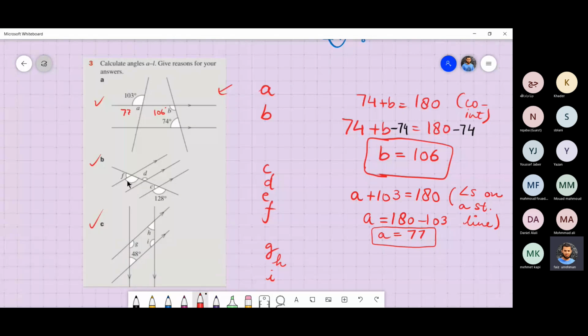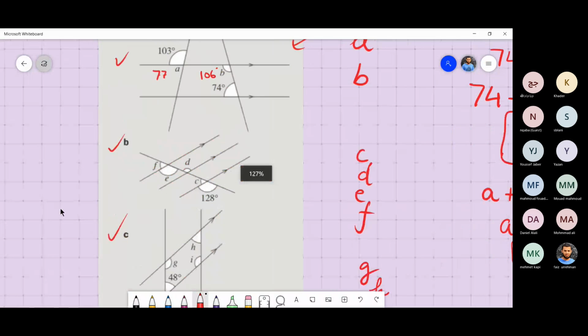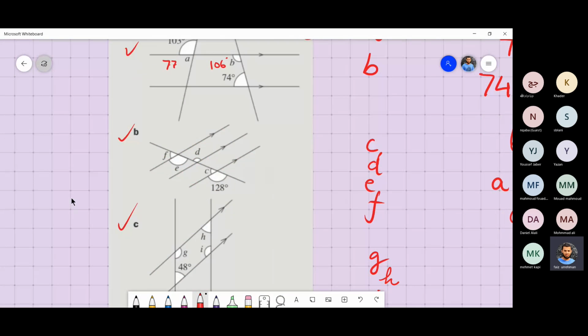Let me zoom in a little bit. Now you can see only one angle is given, 128. Only one angle is given and the unknown angles are 4: C, D, E, F.